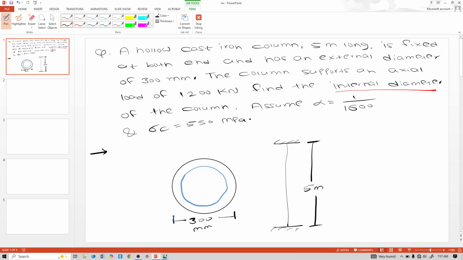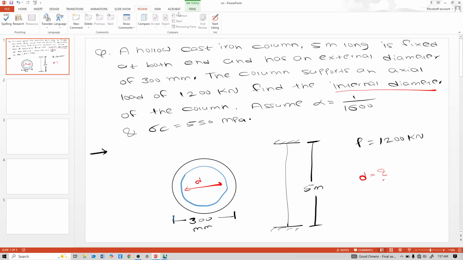The hollow cast iron column 5 meter long is fixed at both ends, has an external diameter of 300 mm. The column supports an axial load of 1200 kilonewton. So this P is 1200 kilonewton. Find the internal diameter. So find this. d is the internal diameter.